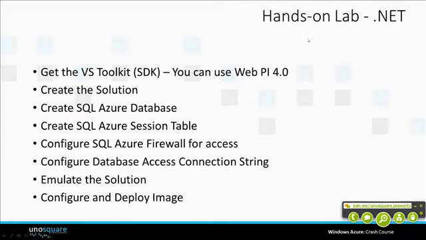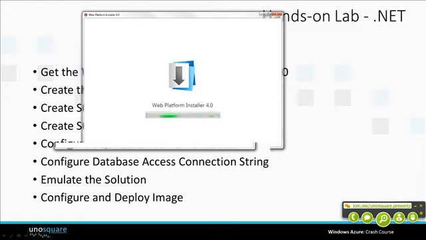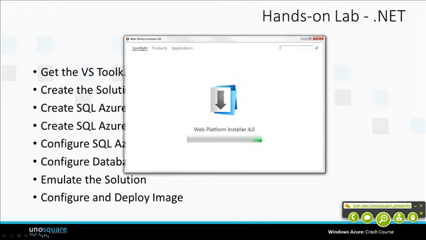So for .NET, basically the steps are to get the Visual Studio Toolkit and the SDK. You can use Web Platform Installer, and let me show it to you. This is the Web Platform Installer. It's free. It's small.